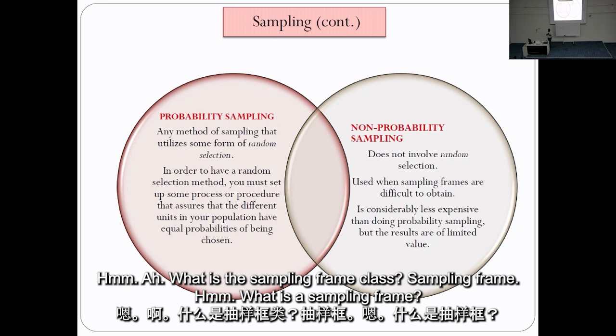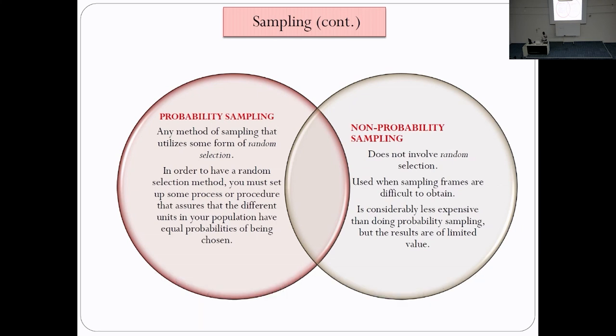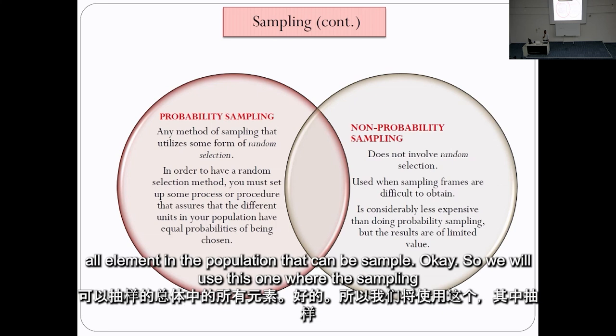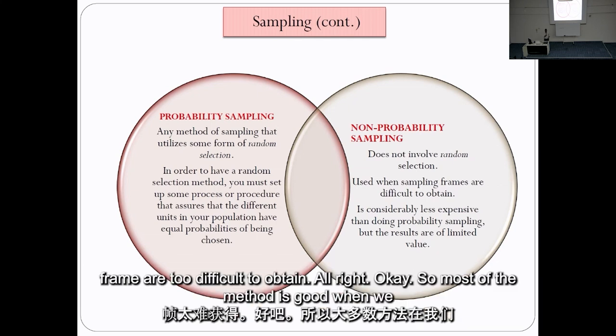Any answer? The sampling frame is the list of all elements in the population that can be sampled. So we will use non-probability sampling where the sampling frame is too difficult to obtain.